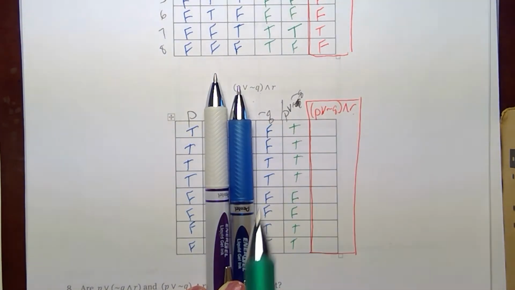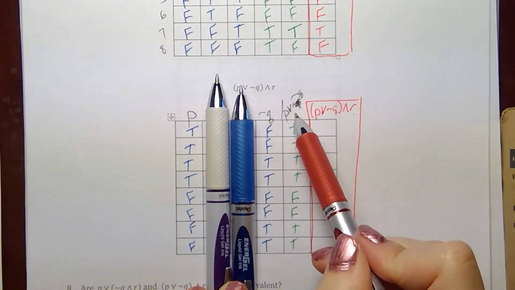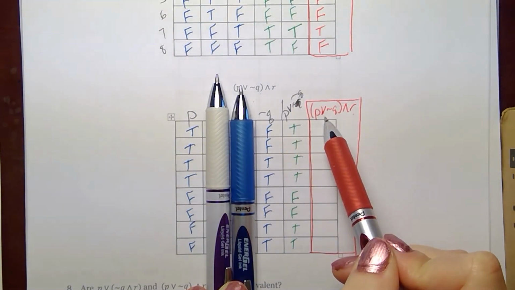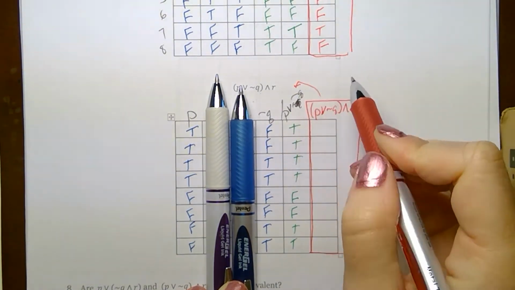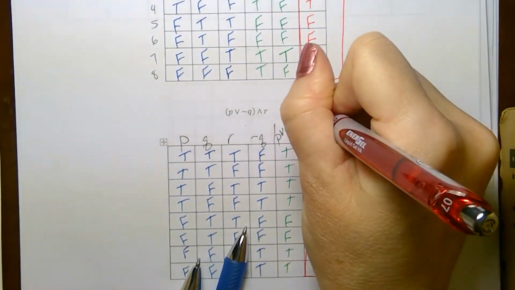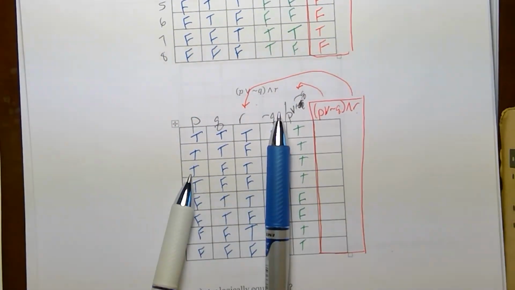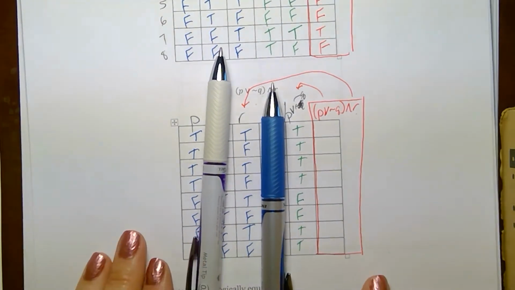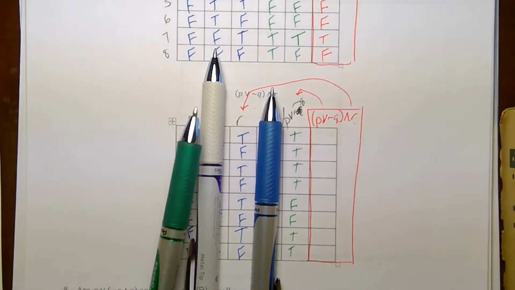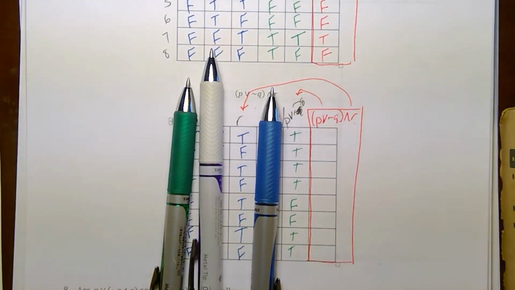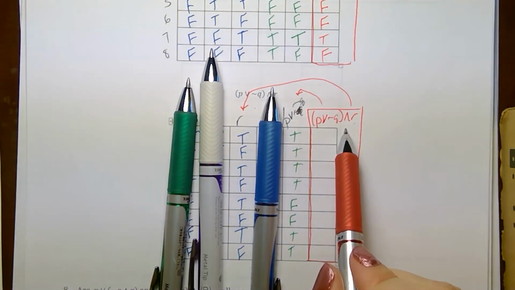Then to get my final column, that is my goal that I'm really interested in, I'm interested in this last column that represents what's in parentheses right there. And I'm also interested in the R column. So I'm only looking at those columns. Those are the only 2. Remember, I said you're never going to be looking at more than 2 at a time. Well, this is a conjunction. It's an and.